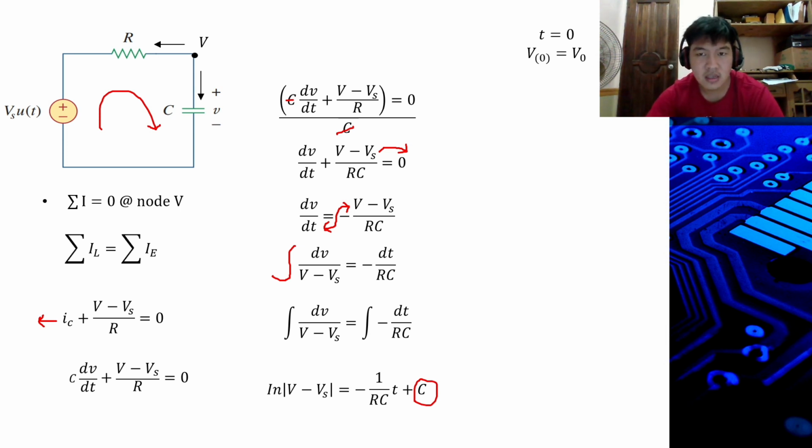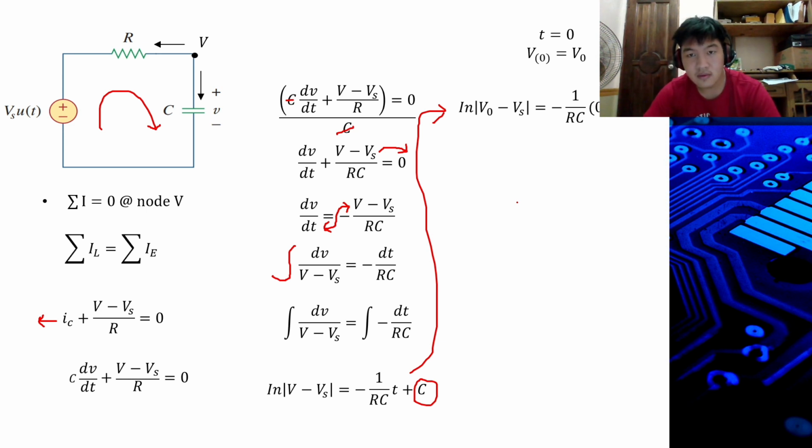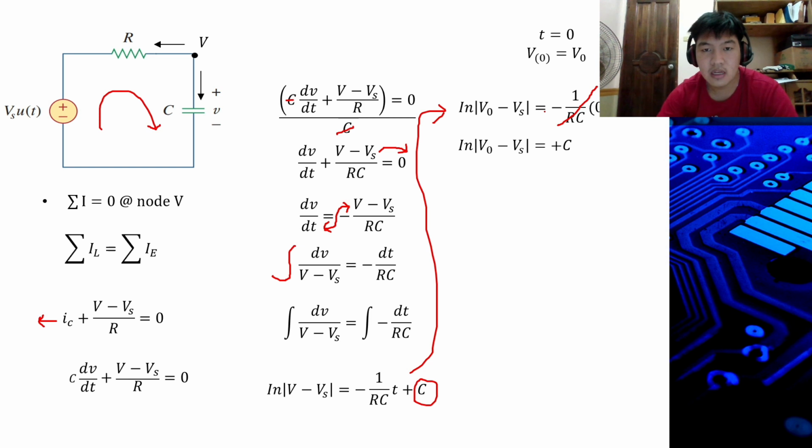Substituting, ln of V naught minus Vs equals negative 1 over RC times 0 plus C, so the term with t cancels, and we are left with ln of V naught minus Vs equals C.